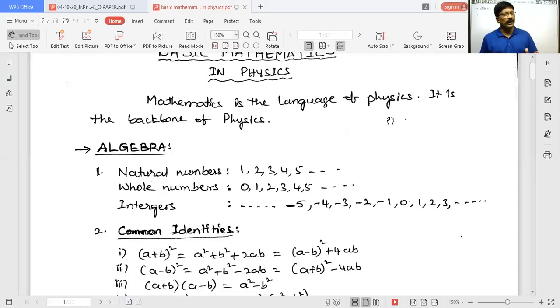If you include 0 with the natural numbers, they are called whole numbers: 0, 1, 2, 3, etc. Integers means including minus values also. All numbers including 0, negative values and positive values, are called integers. Okay, next, common identities.